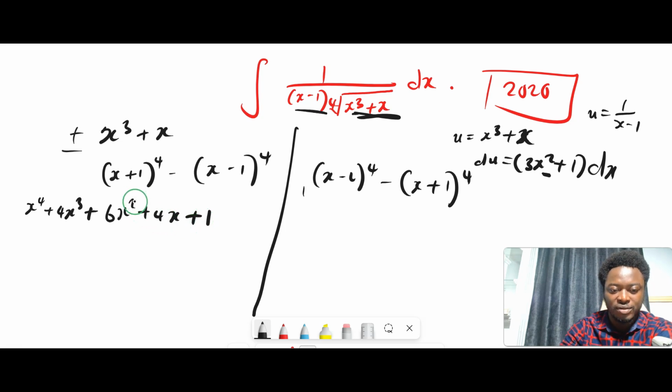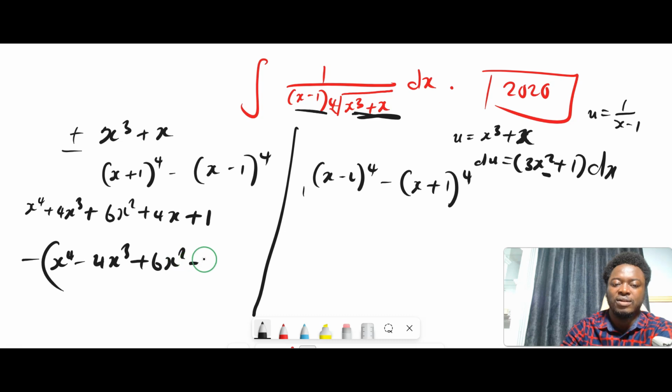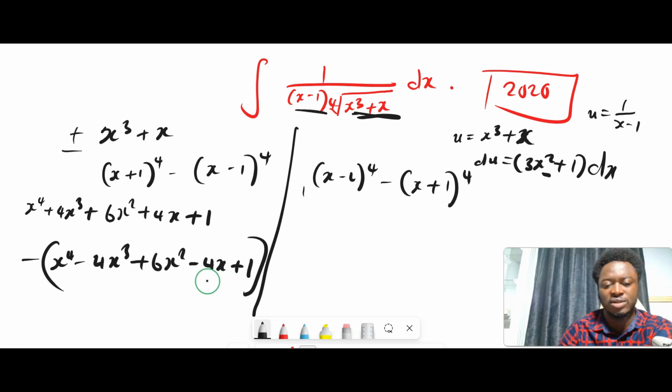Then you are going to subtract from this x minus 1 to the fourth, which is x to the fourth minus 4x cubed plus 6x squared minus 4x plus 1.